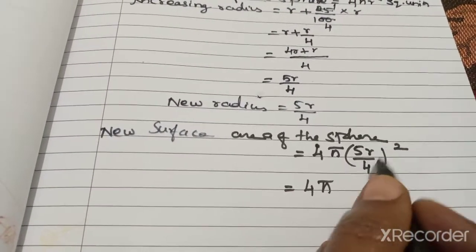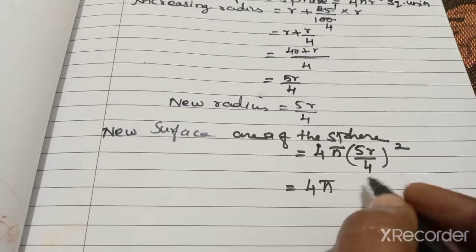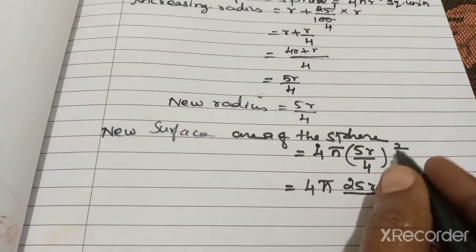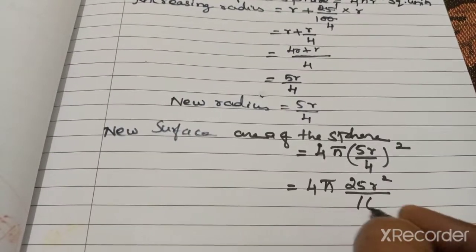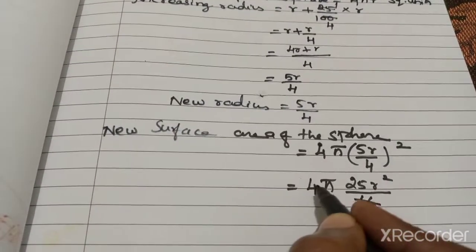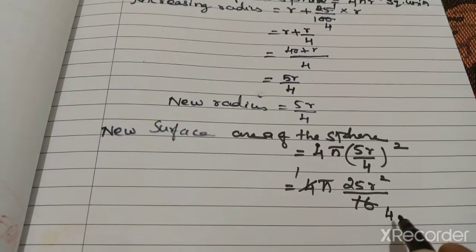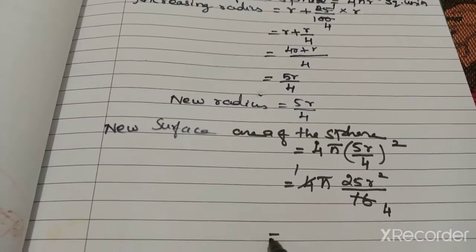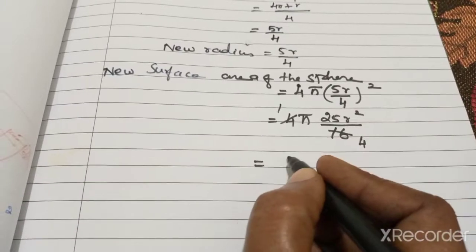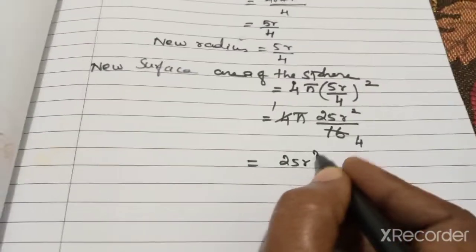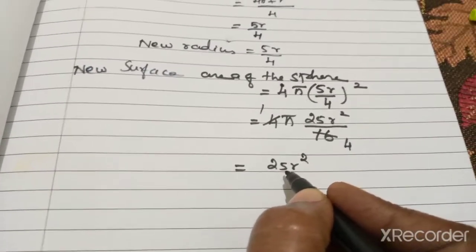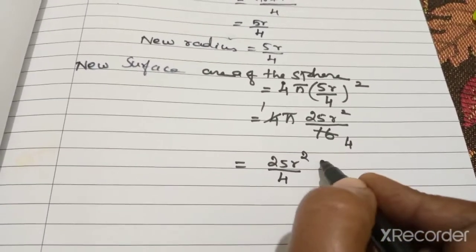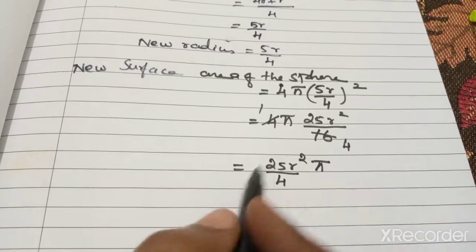So 5r square is 25r square, divided by 4 square, which is 16. Let's divide: 4 fours are 16. Remaining, it is equal to 25r square divided by 4, into pi. This is the new surface area.